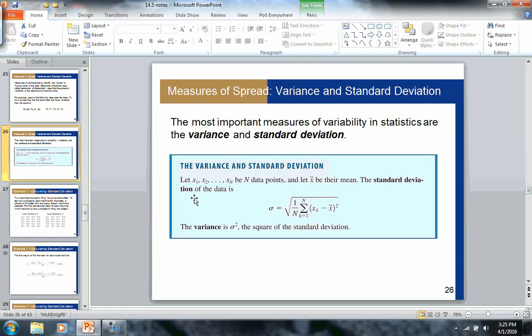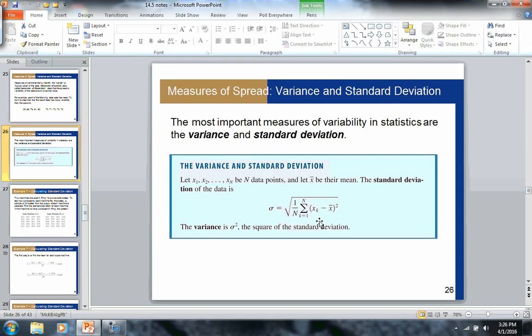Okay. So when you've got a bunch of data points, they label them x1 through xn. Okay, n is the number of data points. So in our equation here for the standard deviation, which measures how spread out the data points are, we're going to take 1 over n, so 1 over the number of points that we have.